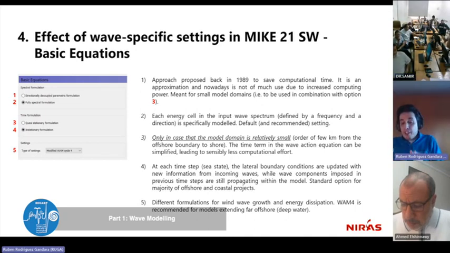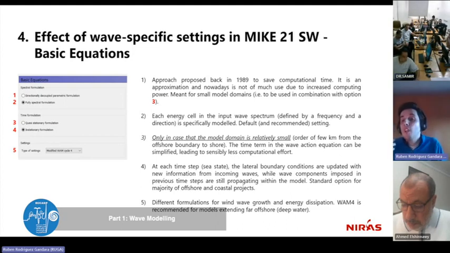And if your domain is very, very small, we're talking about 5 kilometers, 7 kilometers from the coast to the offshore boundary, no more than that, then the time that it takes for the waves to travel from the boundary to the coast is so small that the assumption of the directionally decoupled approach is valid.